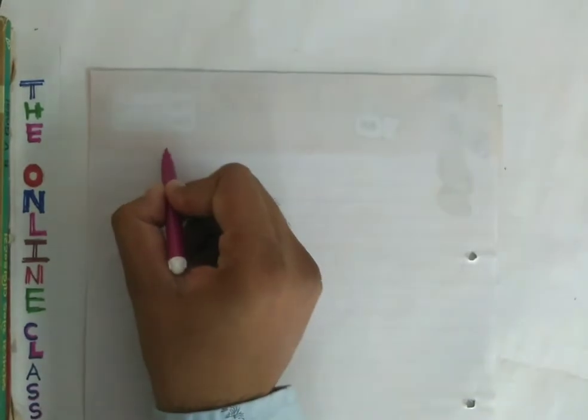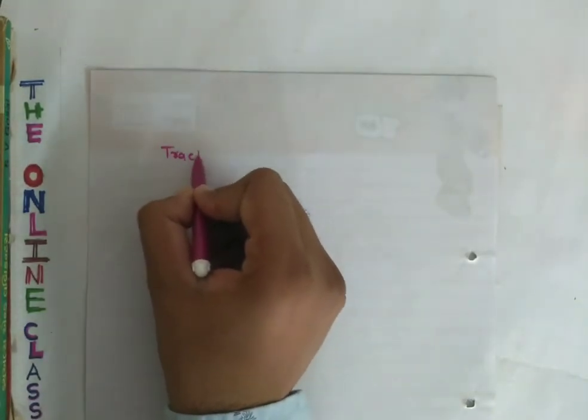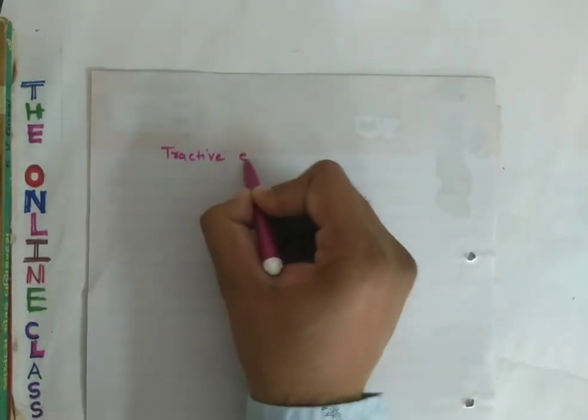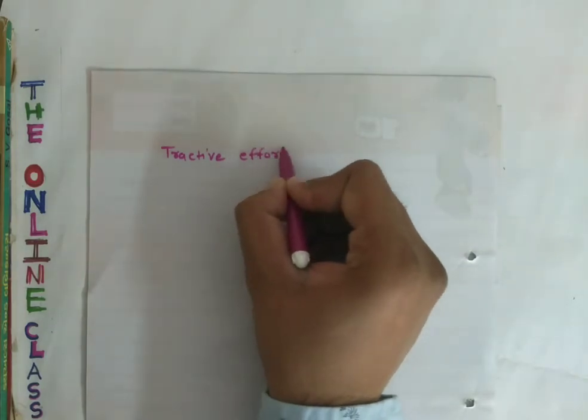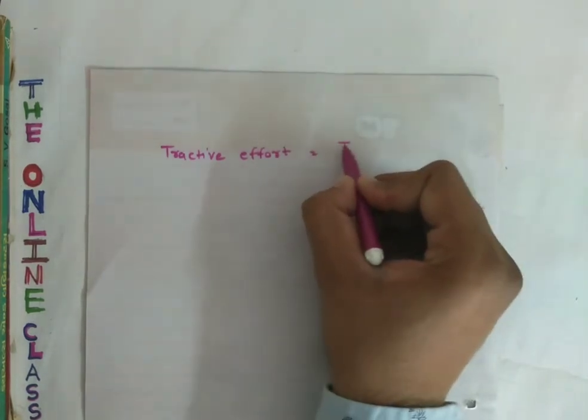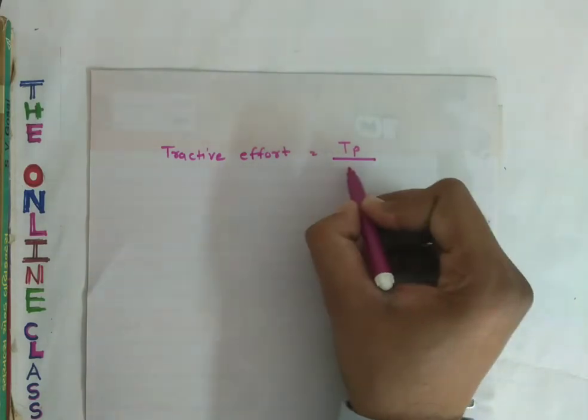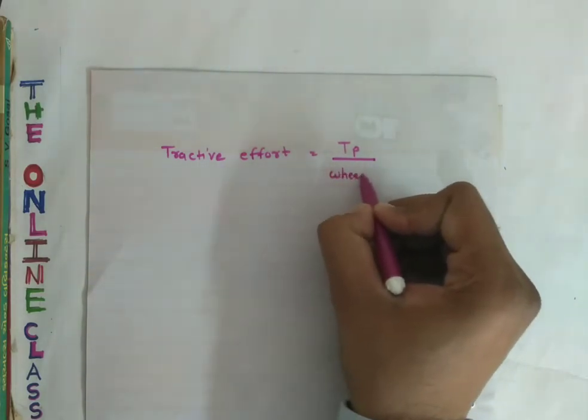For finding the maximum load at each wheel, we have one equation: tractive effort is equal to torque at the propeller shaft divided by wheel radius.